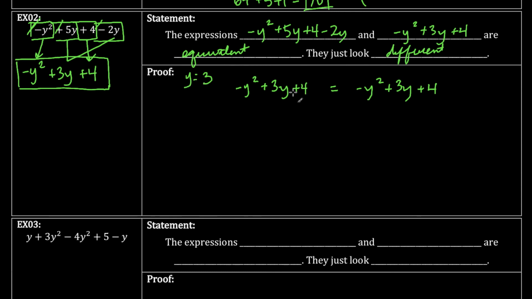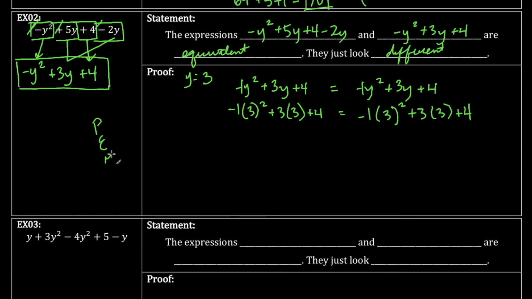Before I do that, I'm going to put this 1 so I don't get confused. So negative 1 times 3 squared plus 3 times 3 plus 4 should be equivalent to negative 1 times 3, because remember, substituting y is 3, squared plus 3 times 3 plus 4.